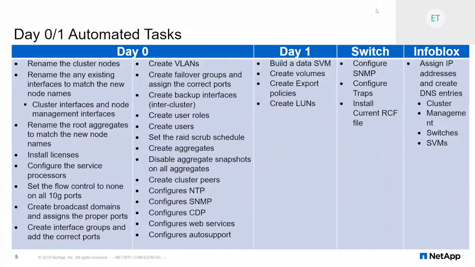One of the main reasons why we wanted to automate some of these tasks is because you alleviate some of the risk of human error and making mistakes. But then you gain back all of that time.